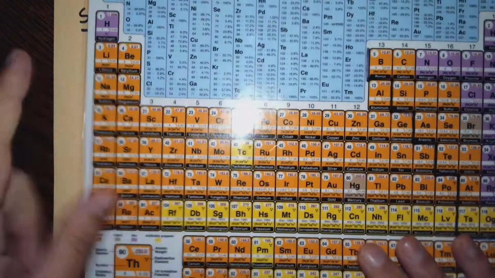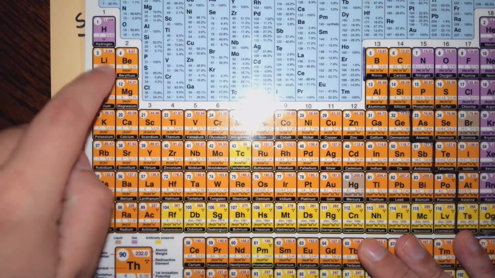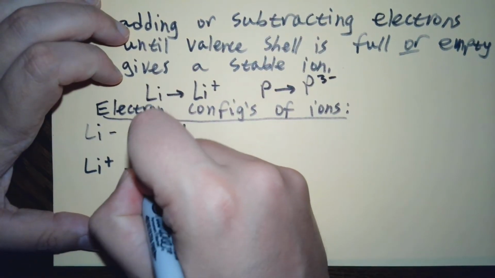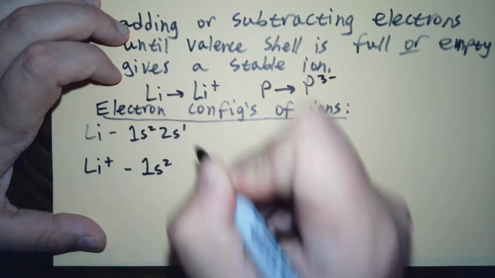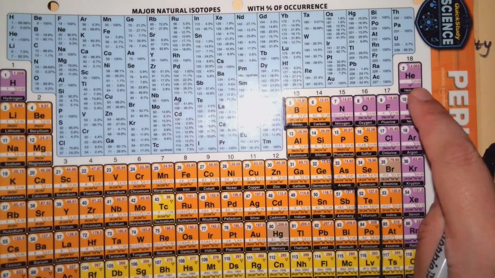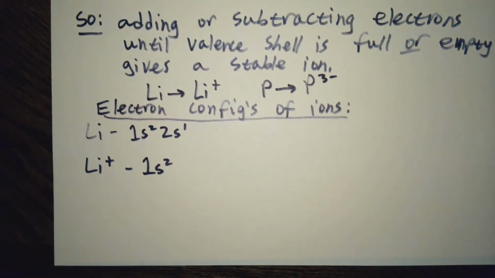That last electron, when we empty out that valence shell, came from the 2s orbital. So now the ion has an electron configuration of 1s2, which is the same electron configuration as helium. So it has what we call a noble gas configuration. All these stable ions are going to have noble gas configurations.